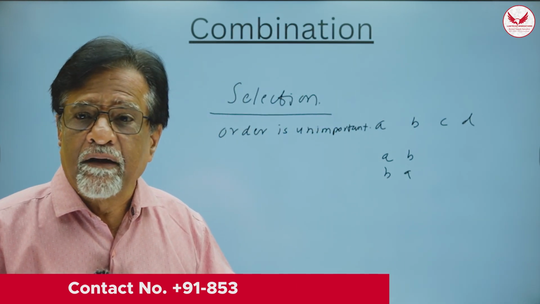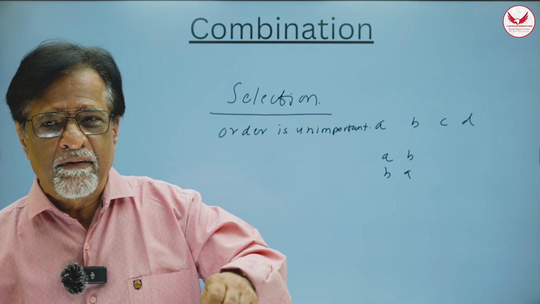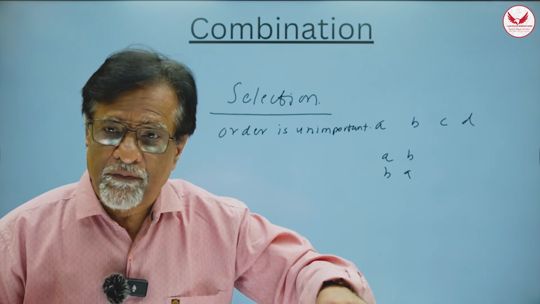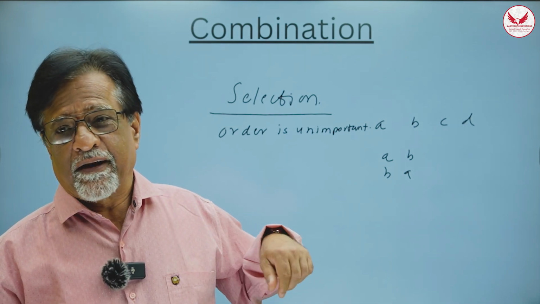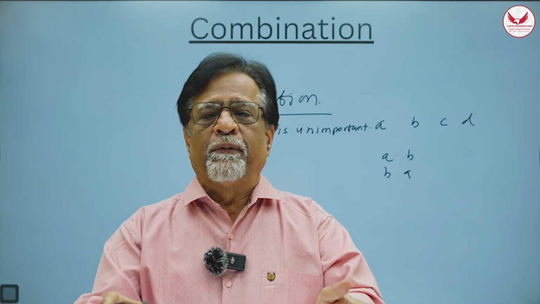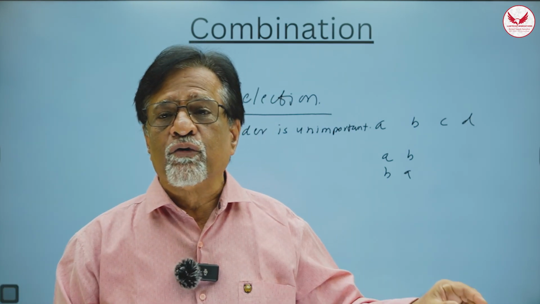Now there is an arrangement. If A goes to the first place and B goes to the second place, it's a different arrangement from B in the first place and A in the second place. So the selection is the same, the same 2 people, but one selection gives you 2 arrangements.